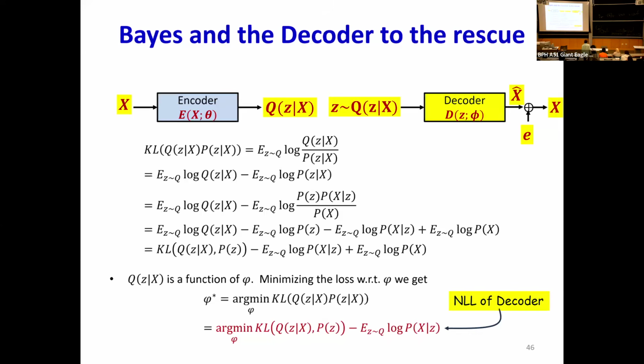And so the whole thing is simply going to say, I'm going to find the decoder parameters such that the KL divergence between the approximation Q and the standard Gaussian minus the log likelihood of the data itself is minimized.